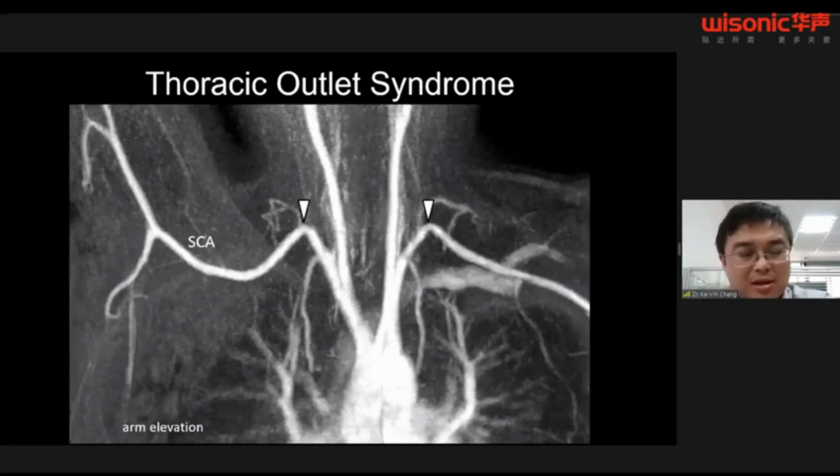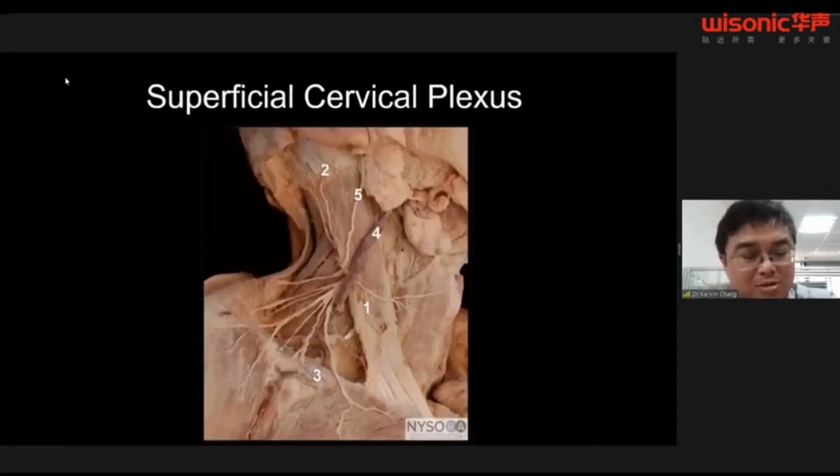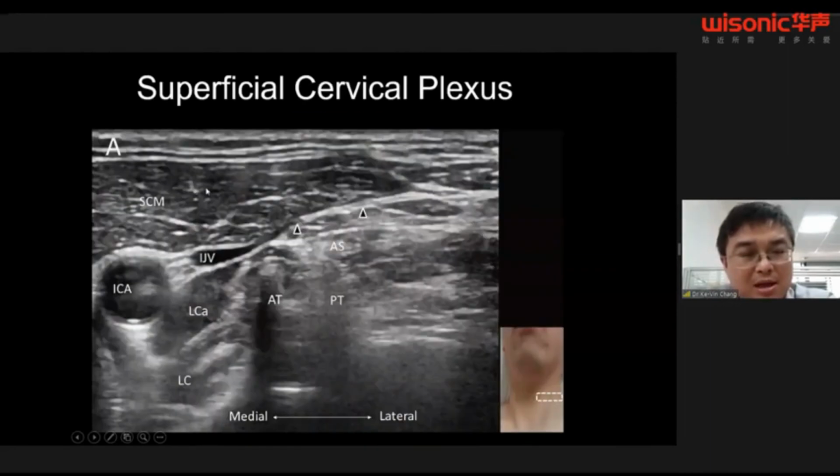And then we can find that during expiration, the artery is relatively patent, and the structure on top of it is the brachial plexus. And once we let the patient inspire, because of increased intrathoracic pressure, the subclavian vein is collapsed, and then the patient starts to have symptoms.